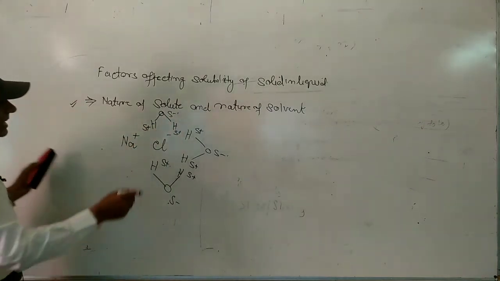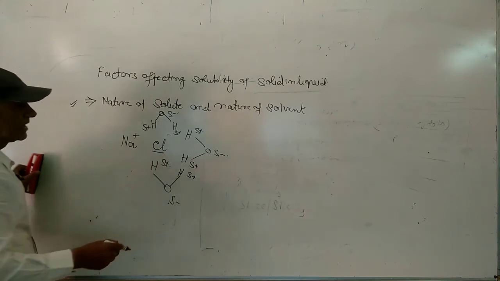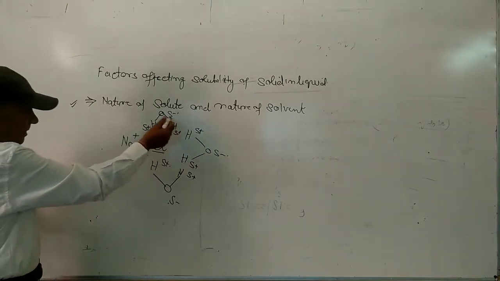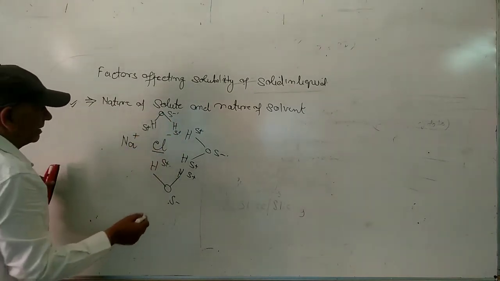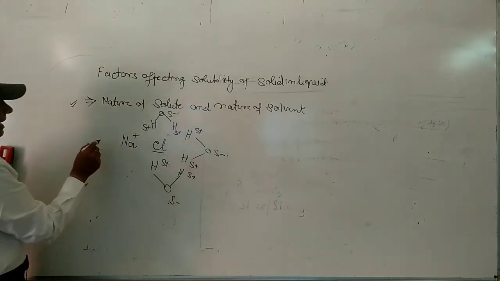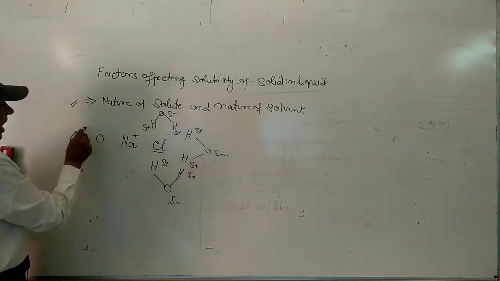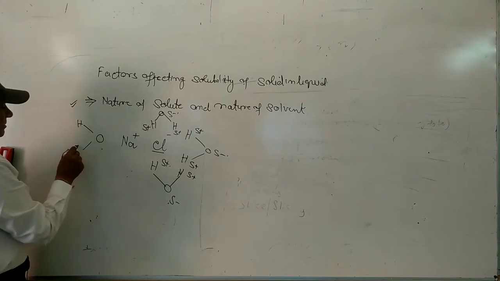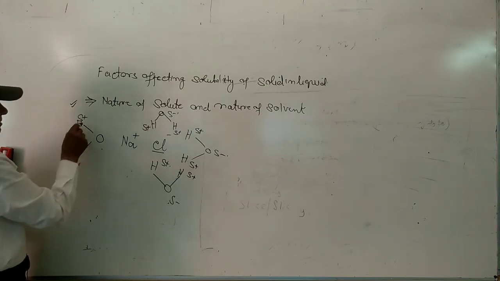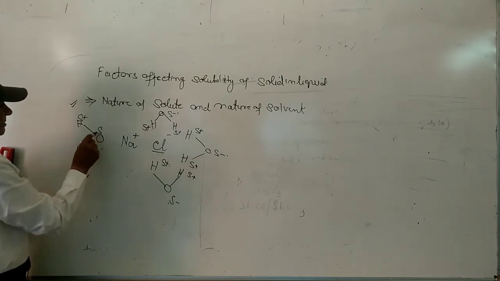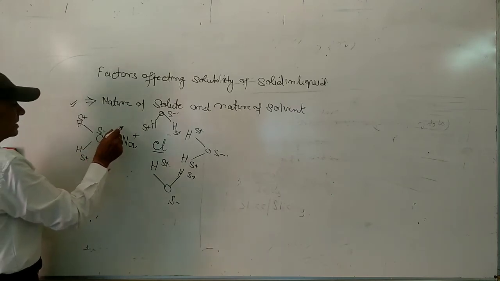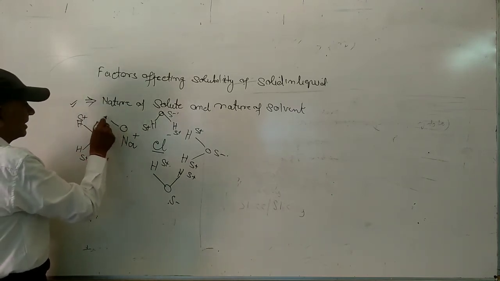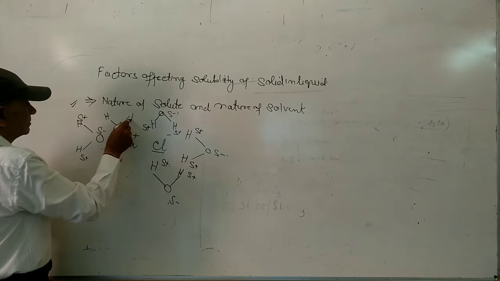So the chloride ion, which is the negatively charged ion, is surrounded by the hydrogen parts of the water, whereas the sodium ion is surrounded by the oxygen part of the water. This is the reason why ionic compounds dissolve.